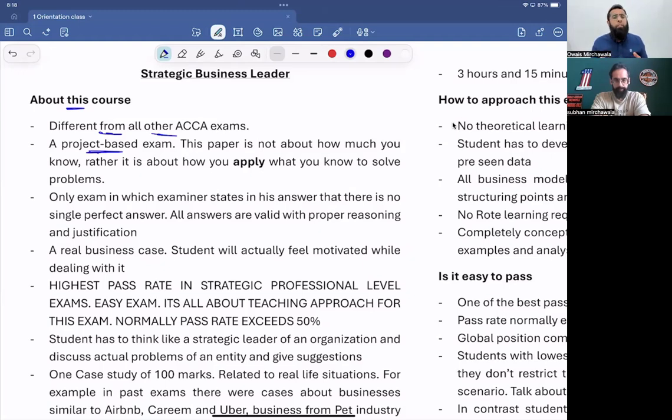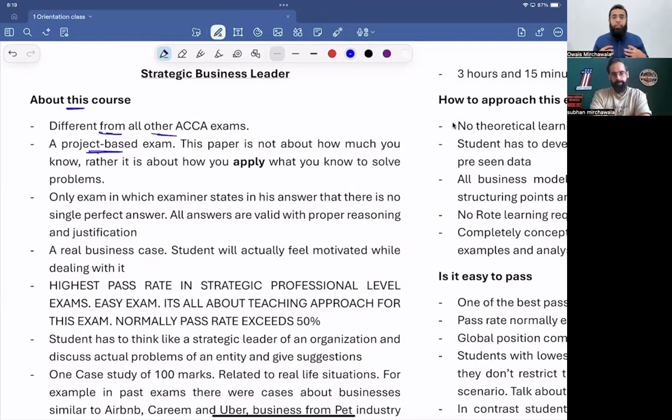See why the examiner gave you the pre-seen. Because he doesn't want to waste your time on the background information. He just wants you to focus on the current year problem, like maybe some franchising proposal, maybe some collaboration proposal, maybe launch of some mobile application, maybe some cyber security issue, maybe some governance issue, maybe some fraud happening.